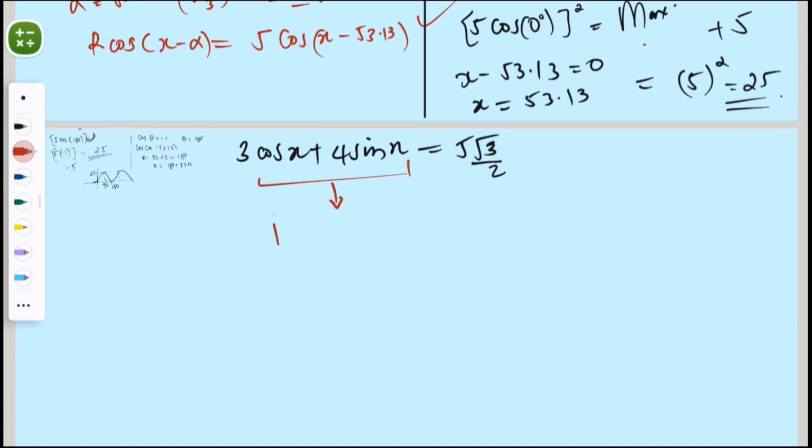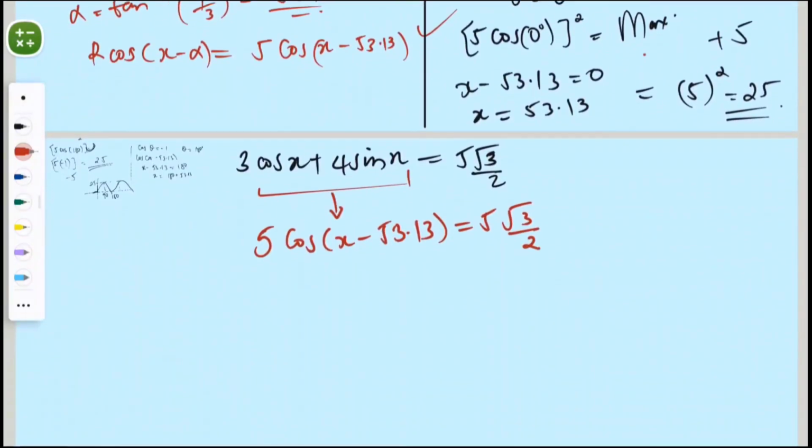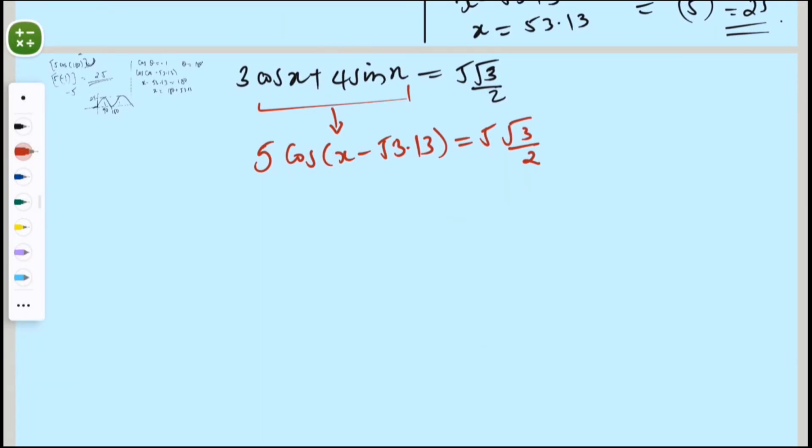This is the same as r cos(x minus alpha), which is 5 cos(x minus 53.13) equals 5 root 3 over 2. They just want us to find to the nearest 10 degrees all the values of x.